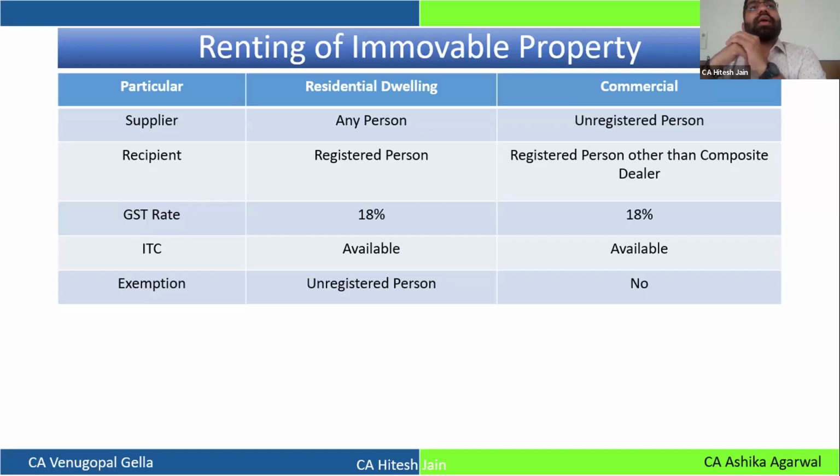If the supplier is providing any residential dwelling to any registered person, then such registered person became liable to pay GST under reverse charge basis at the rate of 18%. Yes, ITC is also available once we have paid the taxes.